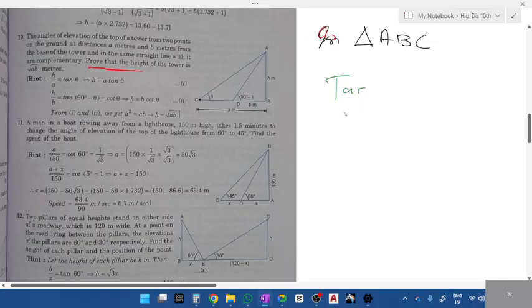Tan theta, students. Theta is not given. Keep it as tan theta equals AB by BC. Which triangle are we taking? BC. AB by BC. What is AB value given? Don't write meters. Just write it as H. And what about BC? What is it? AM. AM is written, right.